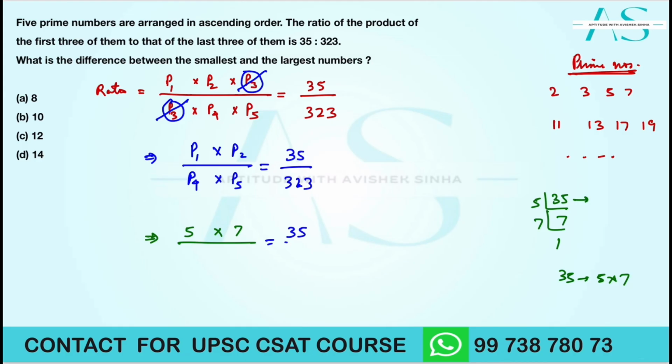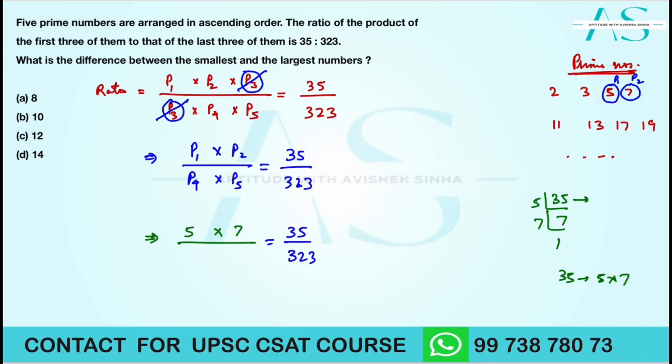This needs to be 323. Now you have the first number, the second number, and P3 could be 11 or 13 or 17, it could be anything. Whatever it is, it has been ruled out. Now the next two numbers' product should be 323.